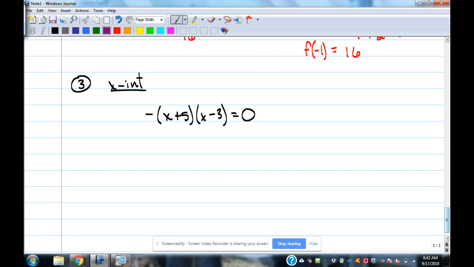What can I do with each factor that has a variable? I technically can divide by negative 1 here and get rid of it. And then I get x plus 5 and x minus 3 still equal to 0. Then I set each of those factors equal to 0. It's already factored for me. I don't have to do that hard work.